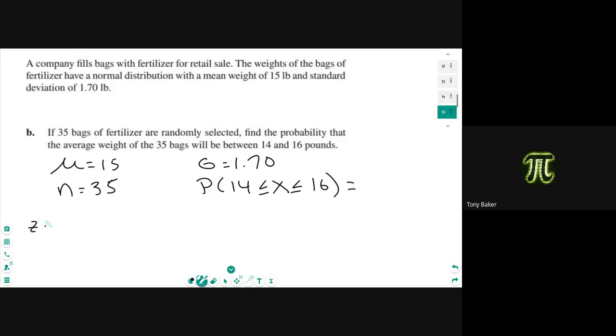So the z for 14 and for 16. I'm still going to do 14 minus 15 divided by 1.7, except this time I'm going to divide by the square root of 35 again. That's the piece of the puzzle that changes. Now, the top number is not going to change except for a positive or negative, so you do not have to do both of them. Just realize one will be negative, one will be positive. The z will still be the exact same number, though.